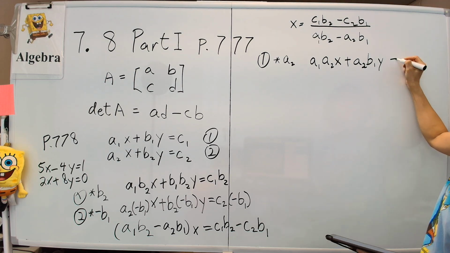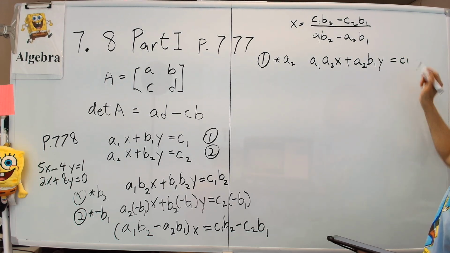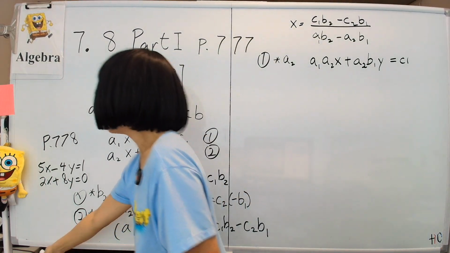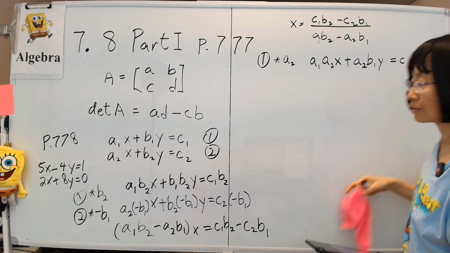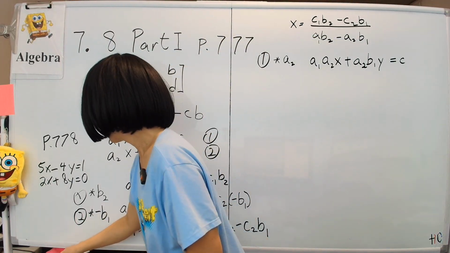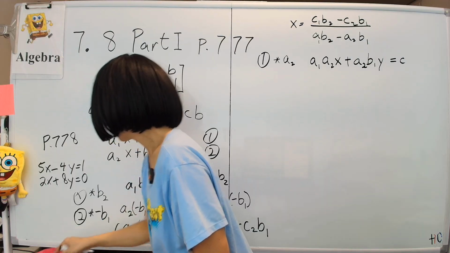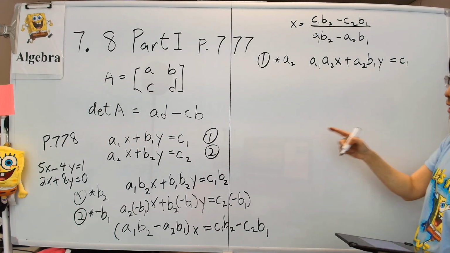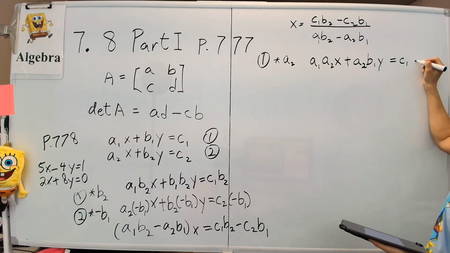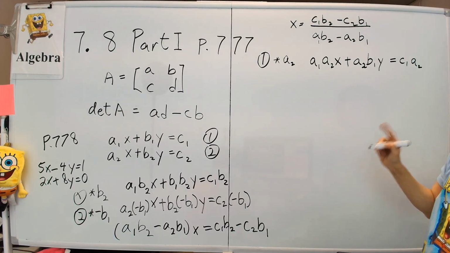And then that equals C1, what am I doing? The 1 is too big. The 1 needs to be on the bottom. It's called a subscript. All right, so C1 times A2. We're still multiplying by A2. So that's equation 1.